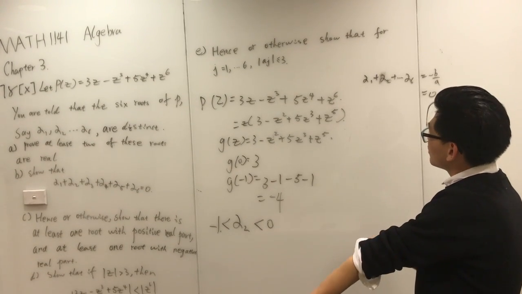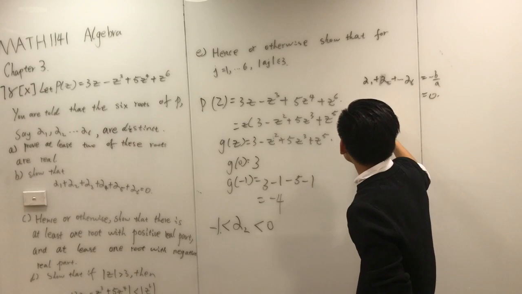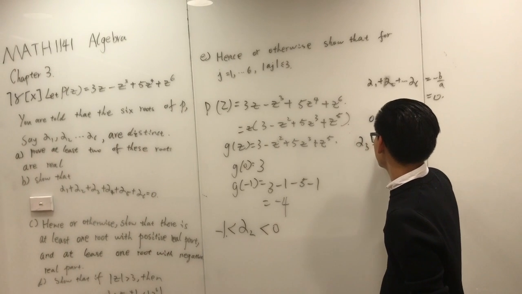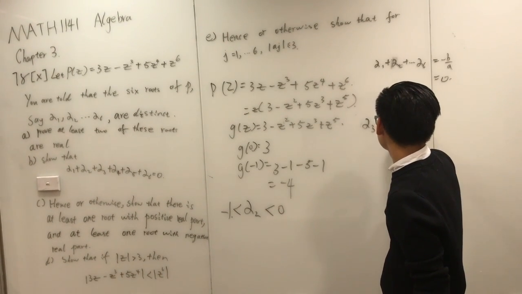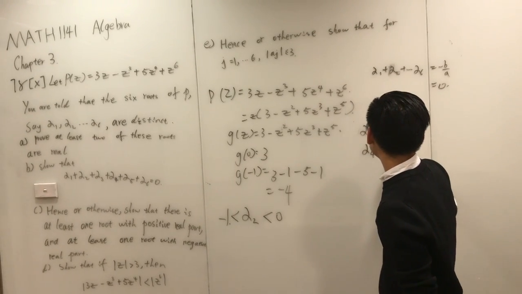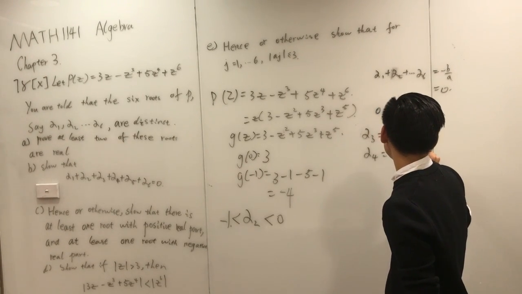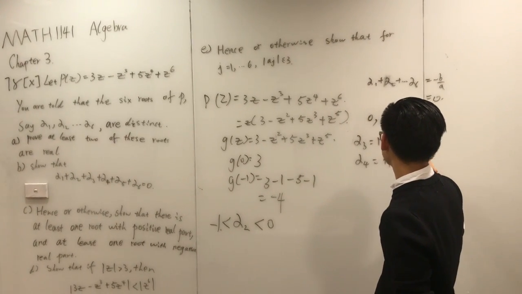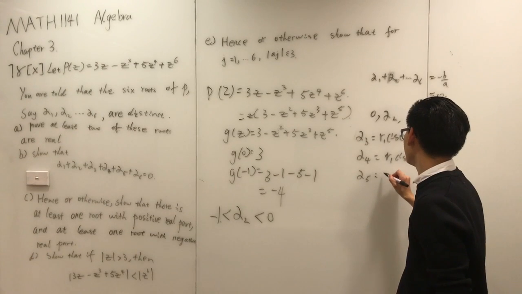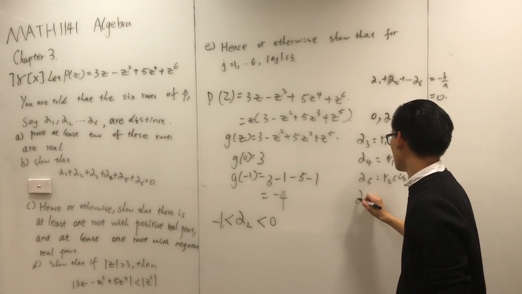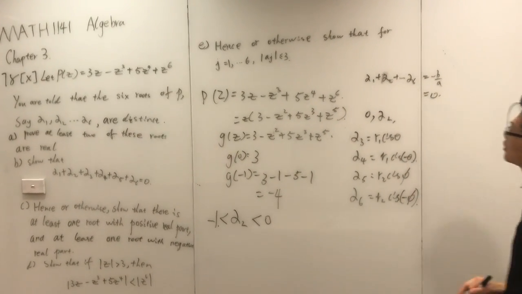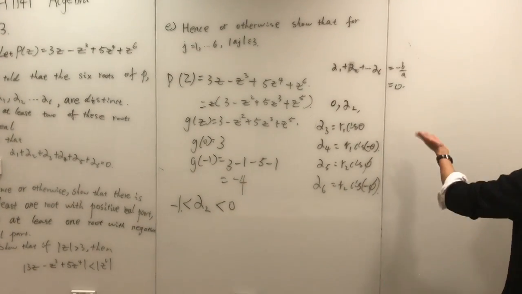Now we can say there are 6 roots. One is 0, one is alpha 2, and alpha 3, which we say is R1 cis theta. So alpha 4 equals R1 cis negative theta. And we say alpha 5 equals R2 cis phi, and alpha 6 equals R2 cis negative phi. And we also know the sum of roots is 0.